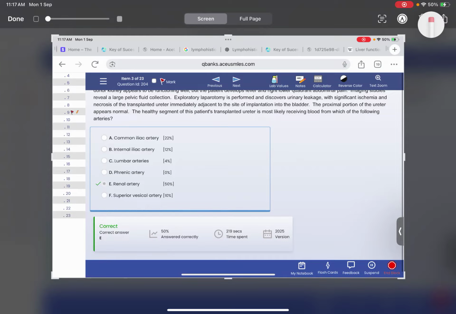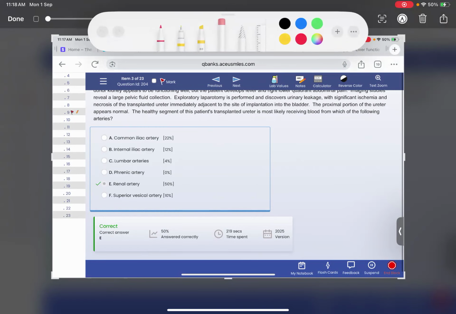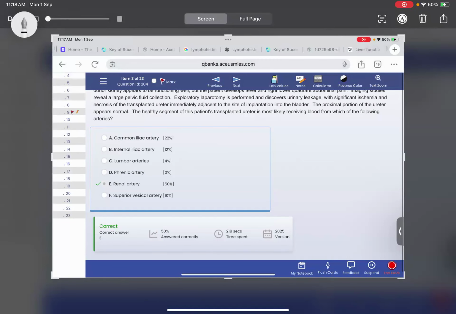So I was thinking to explain one other important concept about the course of the ureter. It's high yield, and most of the time it comes in MCQs. We have a mnemonic for this: water under the bridge.